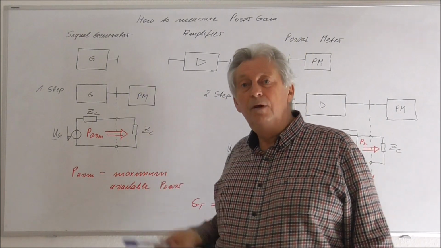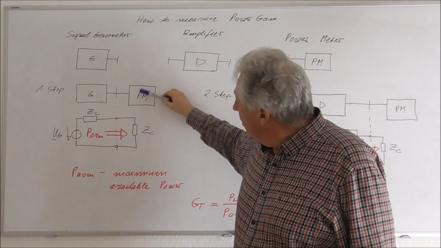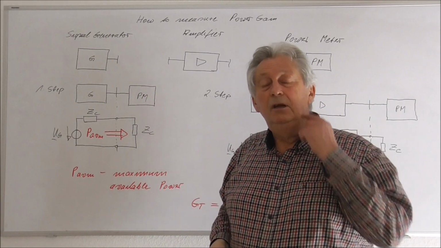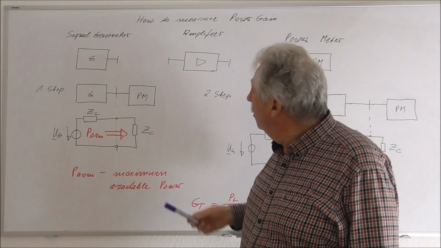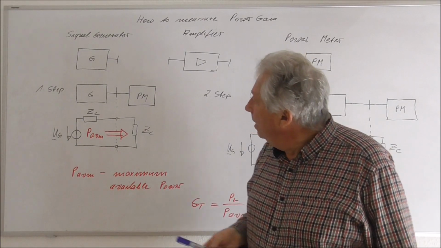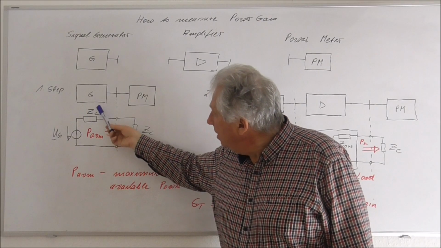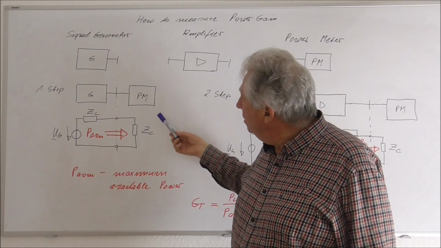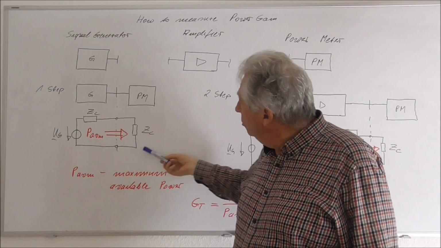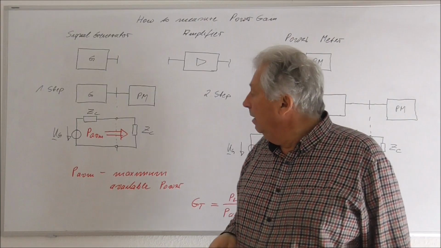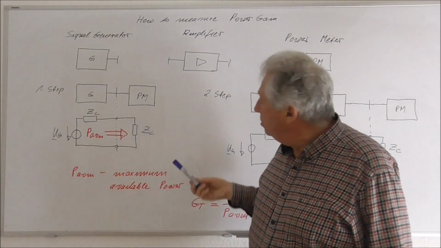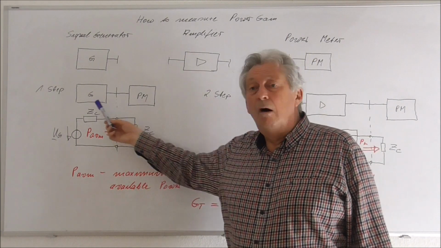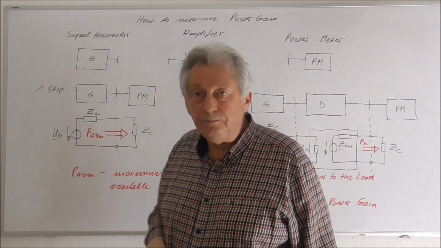The input impedance of the power meter will also be equal to the characteristic impedance of our measurement setup. So this signal generator is matched to the power meter, and the power we measure here will be the maximum available power of our signal generator.